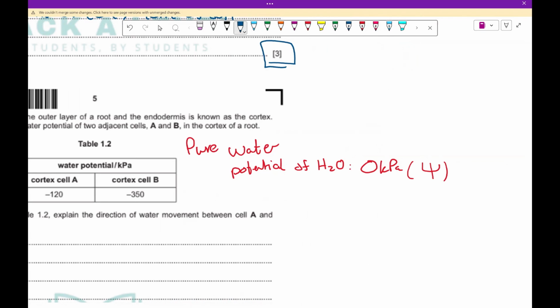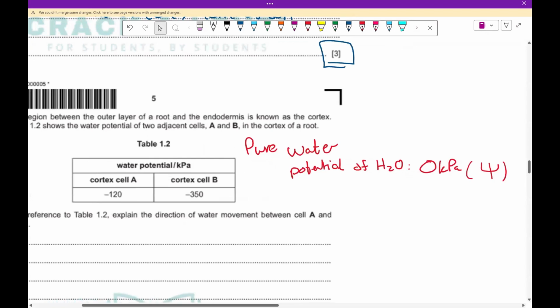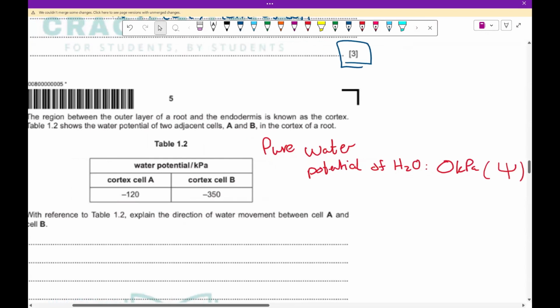So all other water potentials of any kind will be lower than the water potential of pure water. That means that the lower the water potential, the more negative its magnitude.